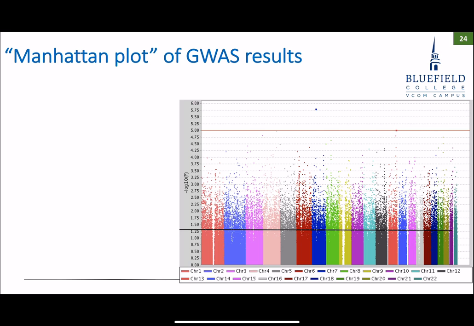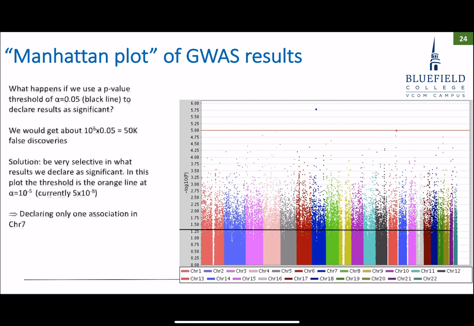Now, we need to use some statistical criteria. Those of you who do statistics remember that the most commonly used threshold for statistical significance for the p-value is 0.05, right? If a test produces a p-value of 0.05 or less, then we take it as a significant result.